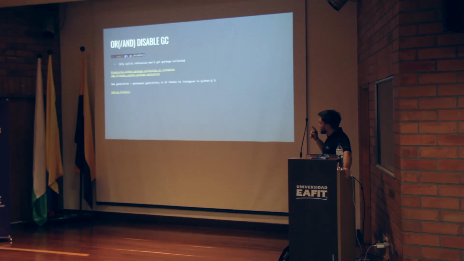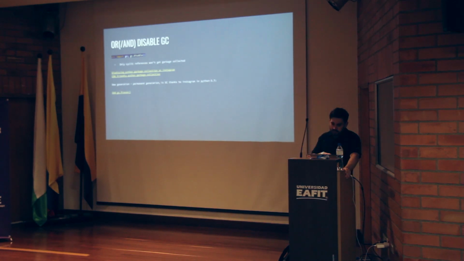So what they did was introduce GC freeze, and what you can do in Python 3.7 is that before the fork occurs, you can call GC freeze. As I told you, there are 3 generations in the garbage collector. This actually creates a 4th generation, the permanent generation, and that generation is never touched.